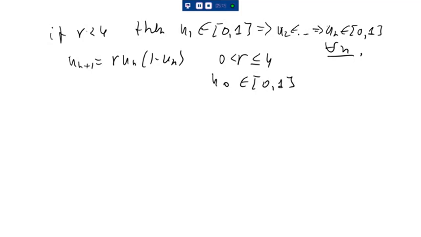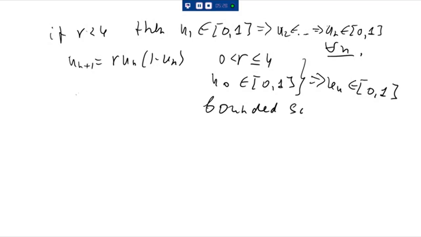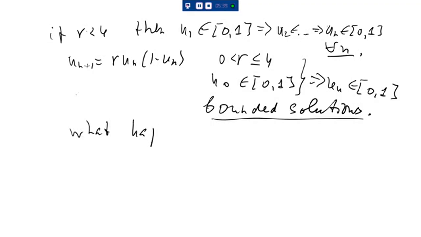So in this case, UN also stays between 0 and 1, and we have bounded solutions. And now we can come to our problem. What happens when R is more than 3?